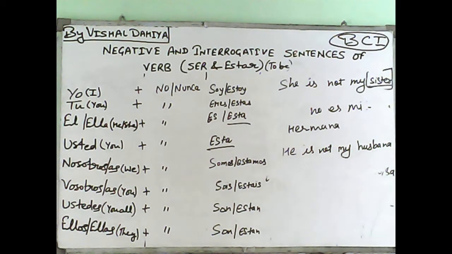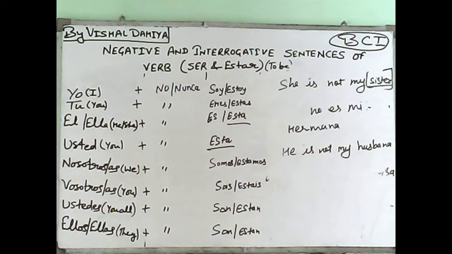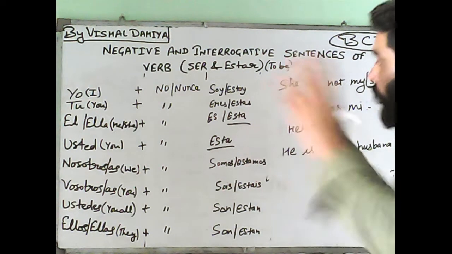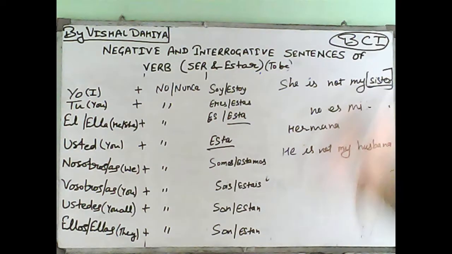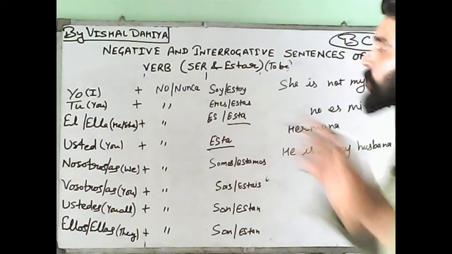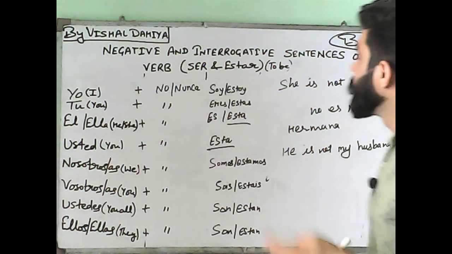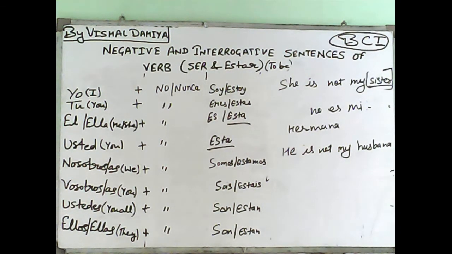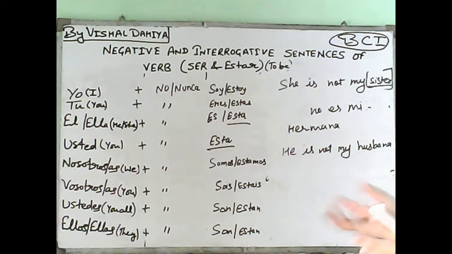So we have learned how we can formulate negative sentences with ser or estar, right? And if you still have confusion about where to use ser or where to use estar, just go and watch my previous video where I have taught you that. The only thing you have to remember is that estar has only a few areas which it covers.